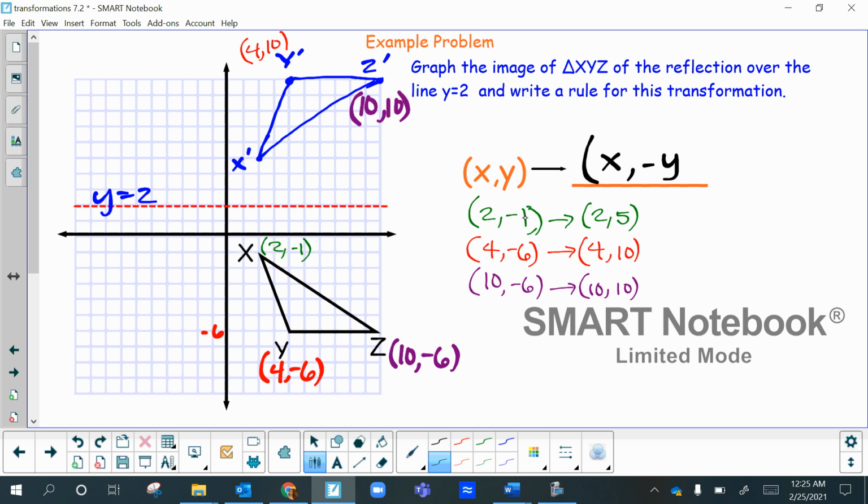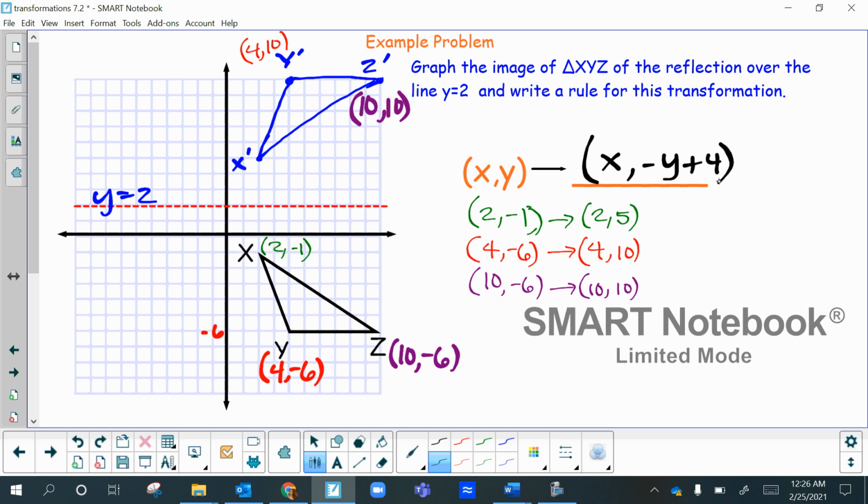If this -1 is going to +1, what do you do to the 1 to get a 5? Well, 1 is 4 units away from 5, 6 is 4 units away from 10. So we're going to add 4 to the rule, okay?